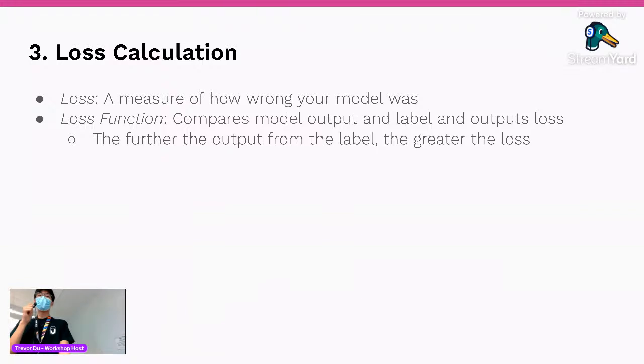So let's say your model thought that there was a 50% chance of an input number being equal to the number 3, and the number was actually 3. Well, the loss would be lower than if the model thought that the probability was like 25%.